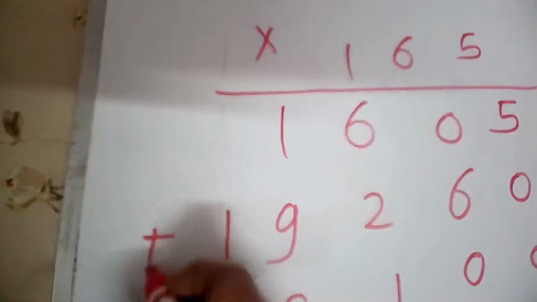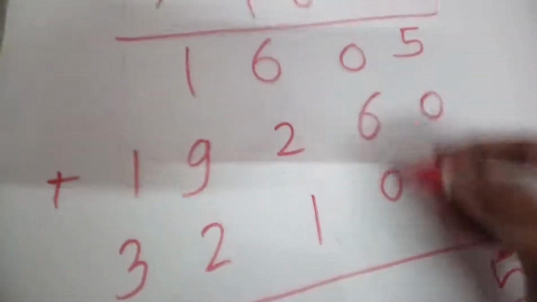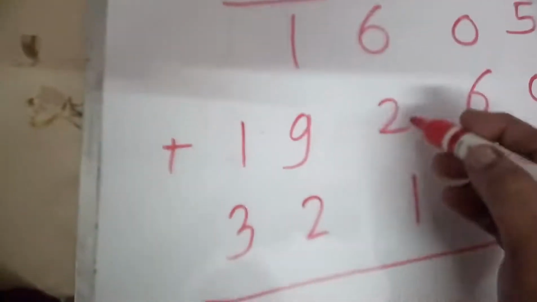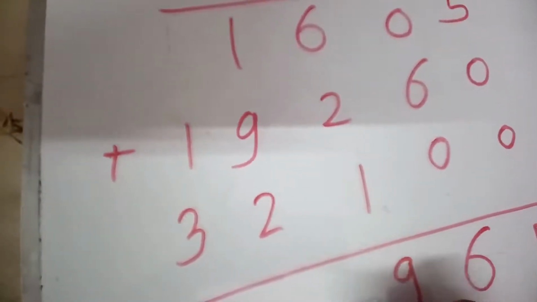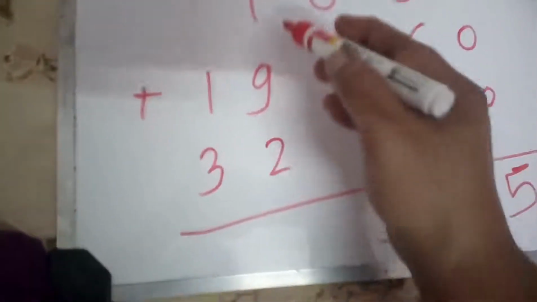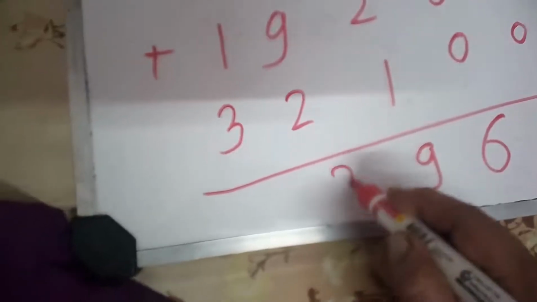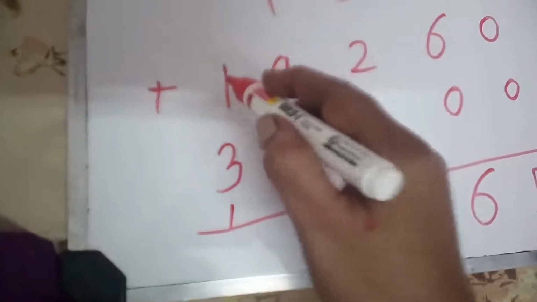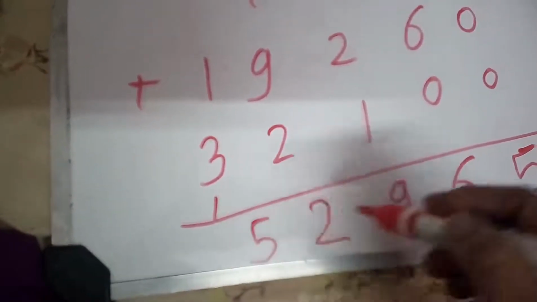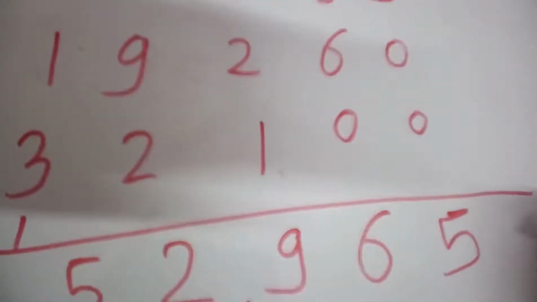Then we will add these numbers. 5, 6, 6 and 2, 8, 8 and 1, 9, 1 and 9, 10, 10 and 2, 12, carry 1, 3 and 1, 4, 4 and 1, 5. So you will get the answer 52,965.